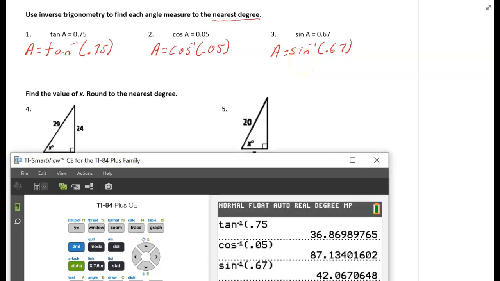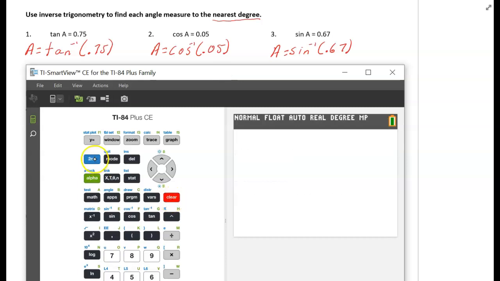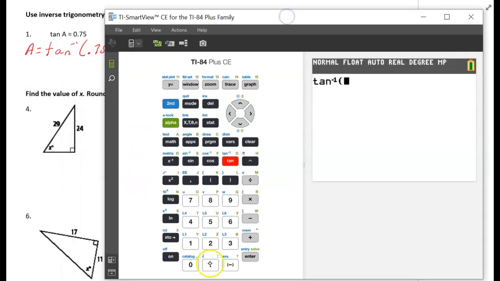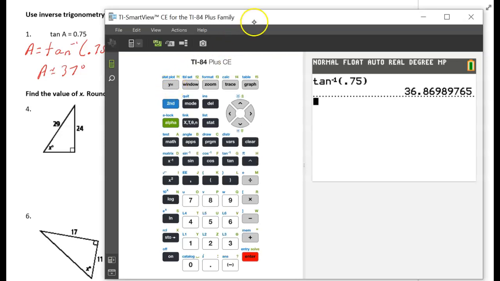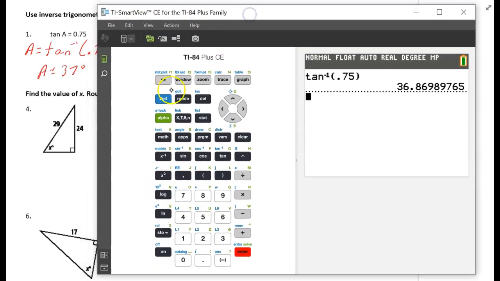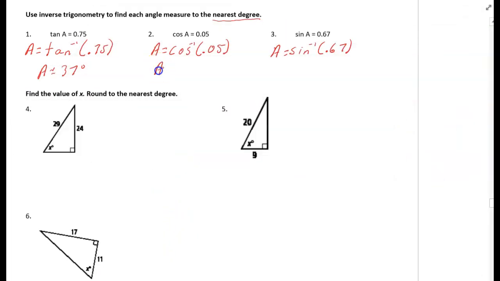And let me show you how to do that on your calculator again. So on our calculator, we're going to press second tangent, so inverse tangent, and then 0.75. And because the directions say round to the nearest degree, angle A is around 37 degrees. For the second problem, we're going to press inverse cosine 0.05, so second cosine 0.05, and the angle is around 87 degrees.